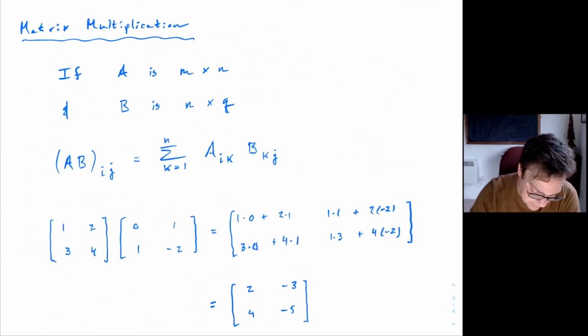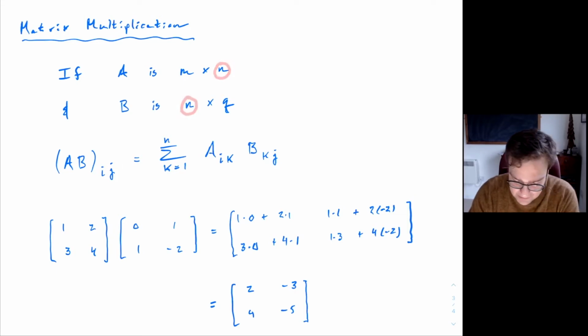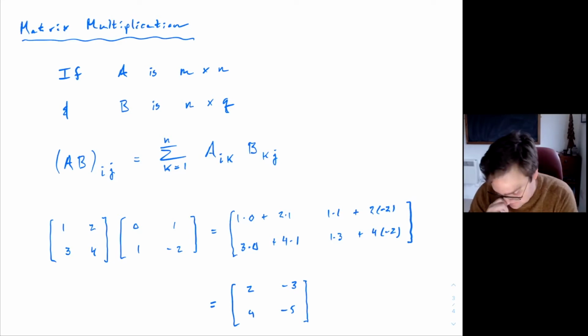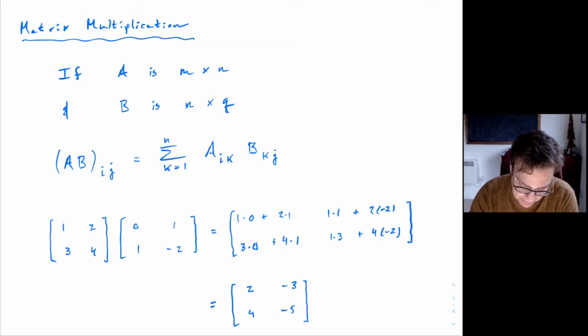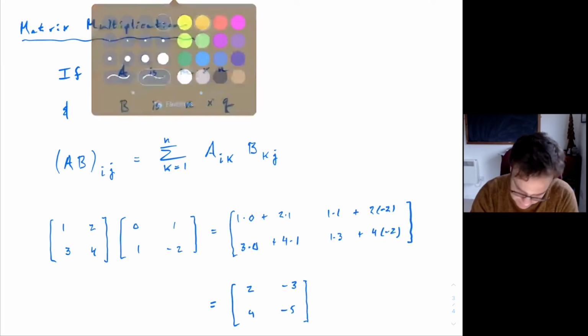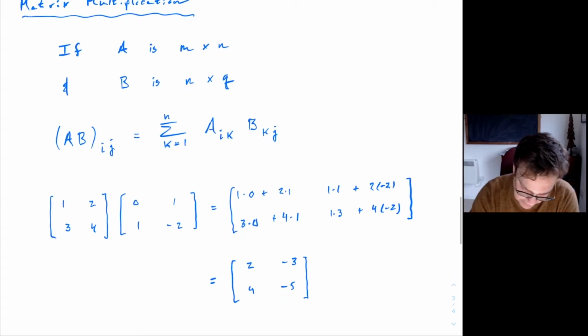Well, let's look here and see. In order for the matrix multiplication to work, it has to be the case that the number of rows here matches the number of columns here. In other words, this number has to be the same as that number. And so if you were to do the multiplication in the opposite order, let's look at it down here.